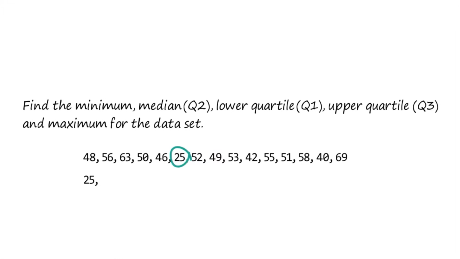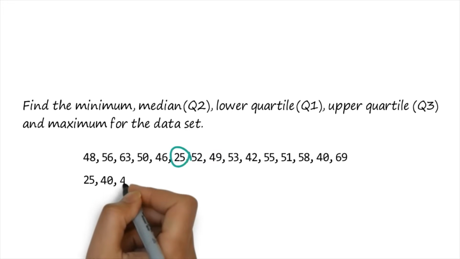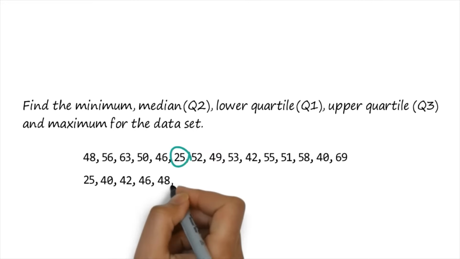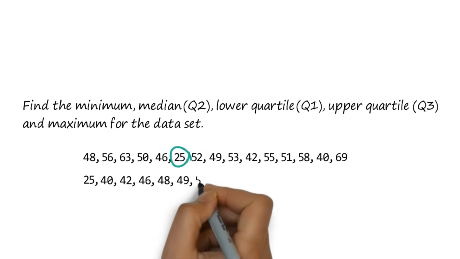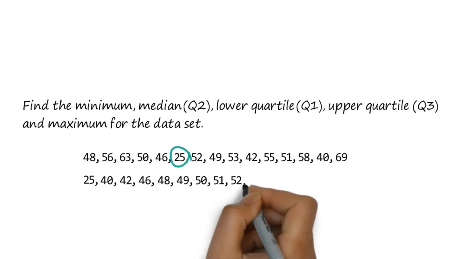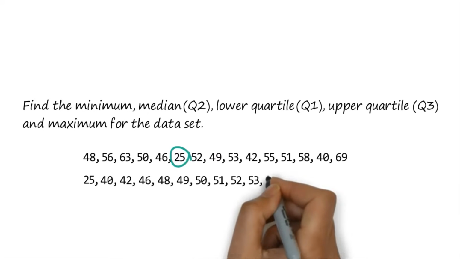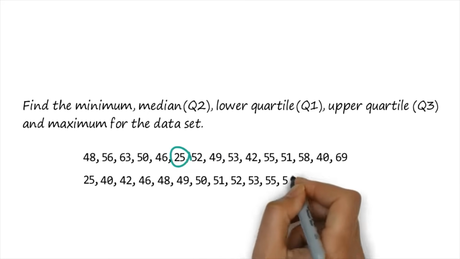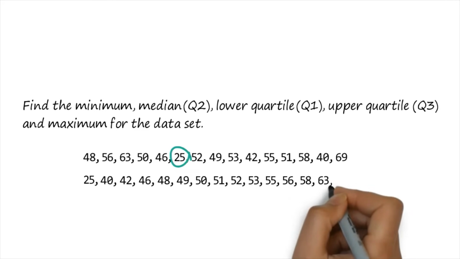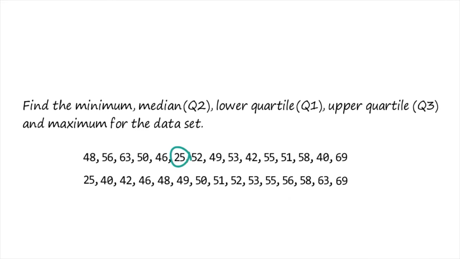Then we will have 40, then 42, then 46, then 48, then 49, 50, 51, 52, 53, 55, 56, 58, 63, and 69. So the first step is done. Whatever data set is given to us, first we have to arrange it.